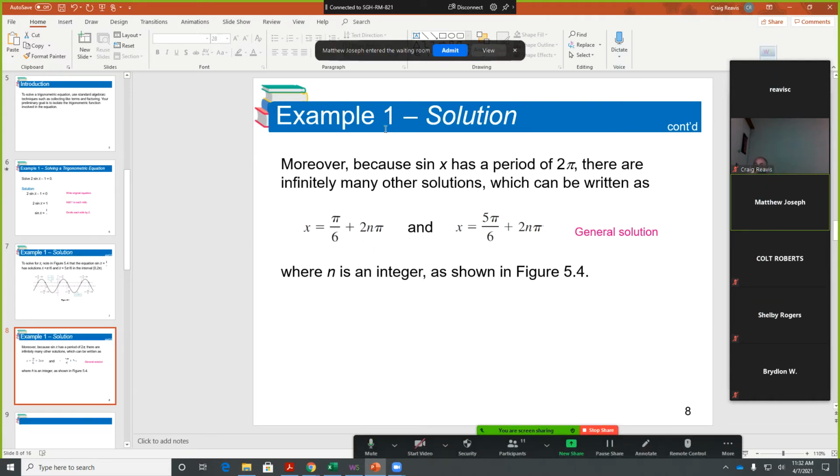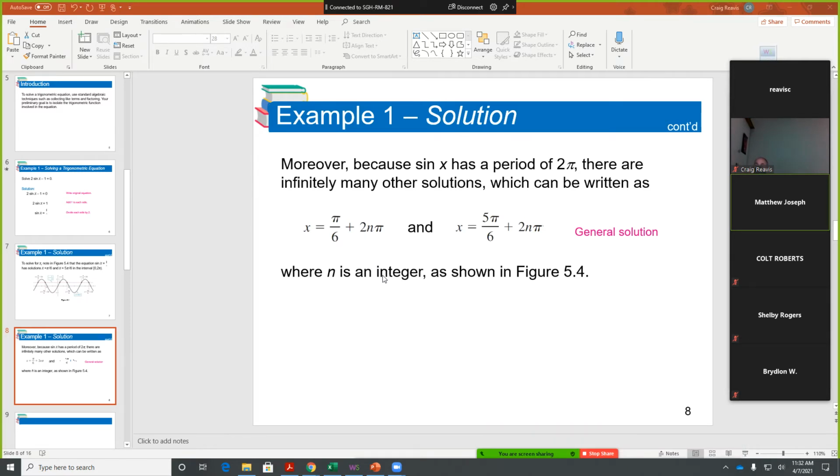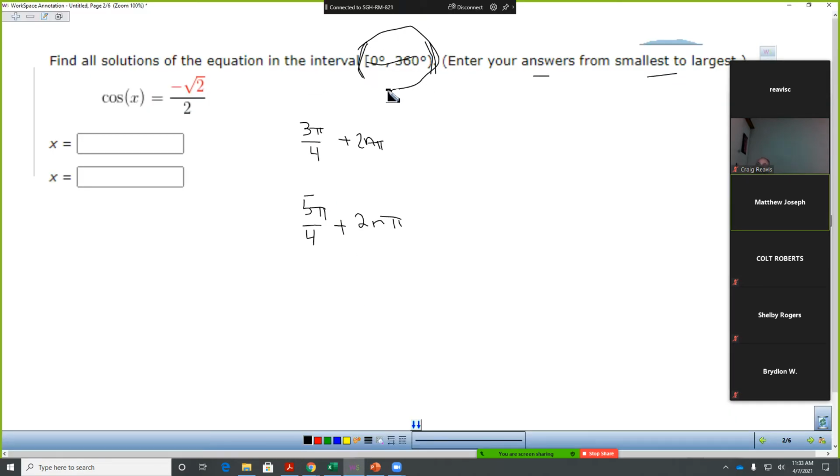They're adding the 2 n pi. The n is just a variable, an integer, so any number you multiply by 2 pi is going to represent an angle that has that same value. Now, on that particular problem, though, because they told you we're only looking at 0 to 360, we really don't have to worry about that at this point. But be aware that you may have to on some of these others.